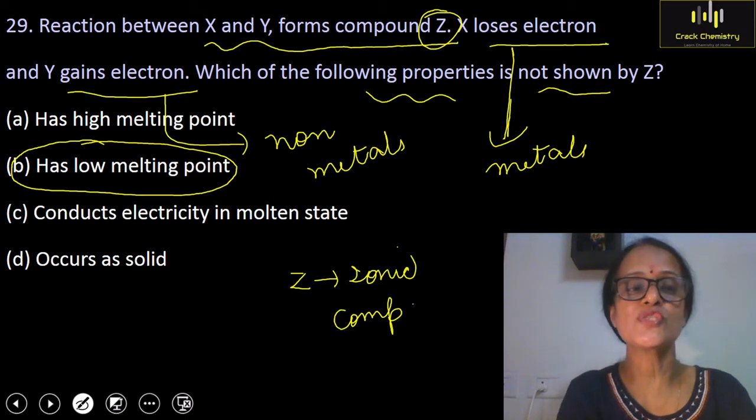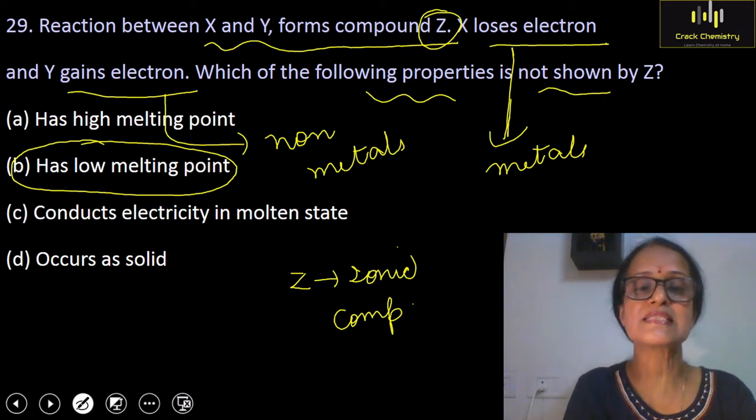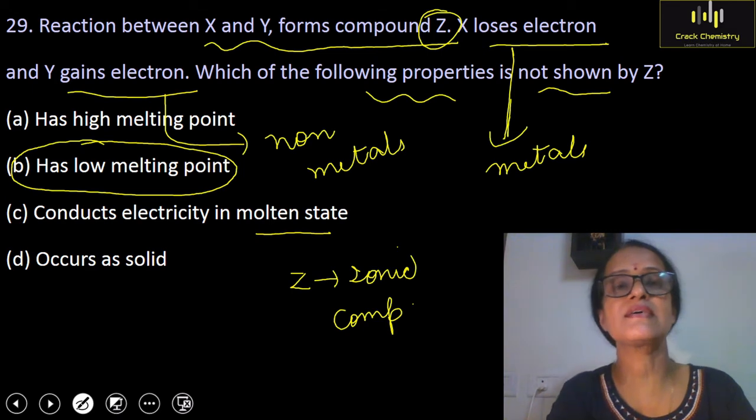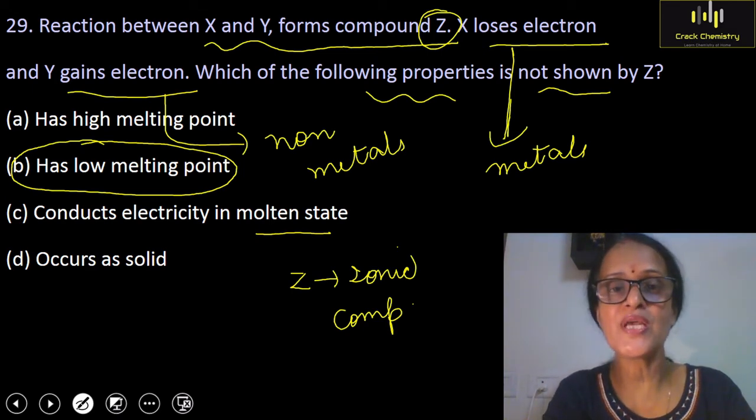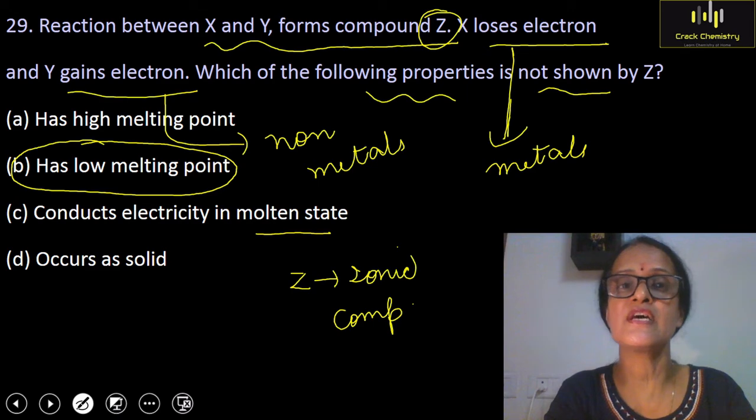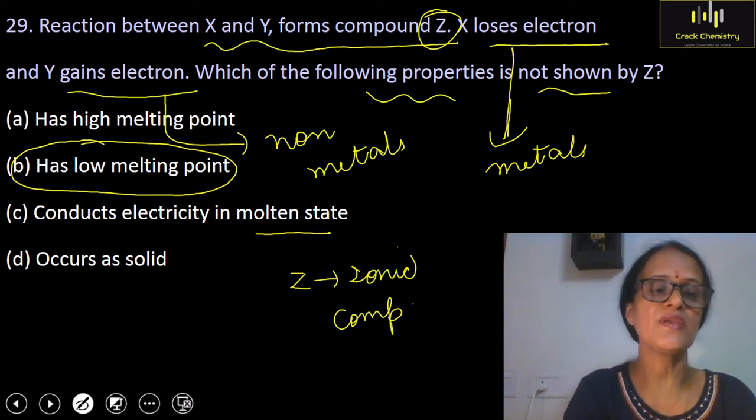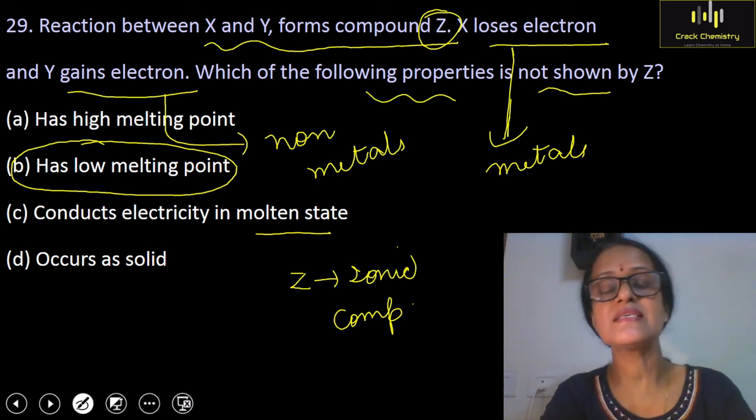Third option we will also consider. Third option is conducts electricity in the molten state. This is a correct statement, because ionic compounds conduct electricity in the molten state and in aqueous solution. They don't conduct electricity in the solid state, because ions are not free to move. And option D is occurs as solid.